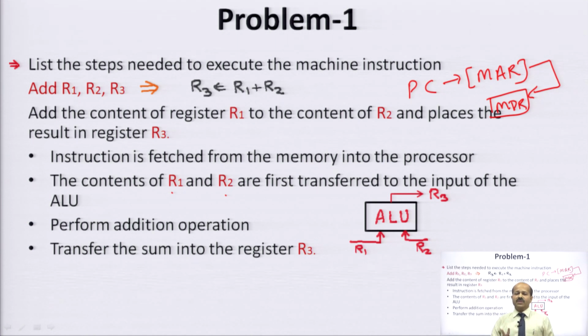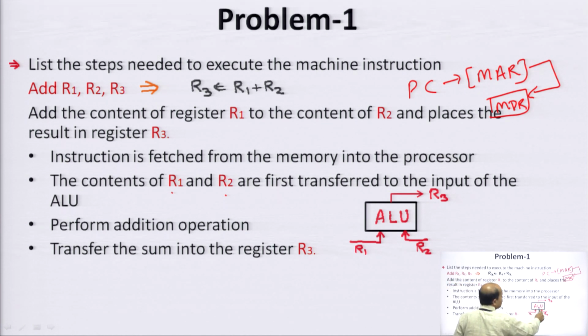So, the two operands, which are nothing but the content of R1 and the content of R2, are transferred into the ALU, and after the transfer, the addition or subtraction or whatever arithmetic operation is given in the particular instruction will be performed in the ALU. Here the operation is addition.